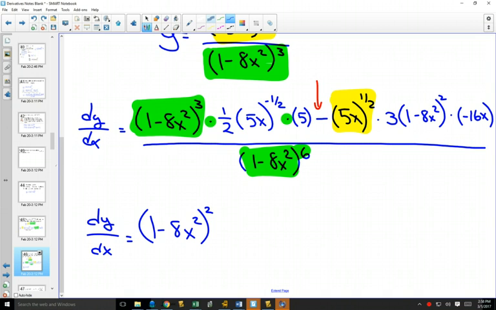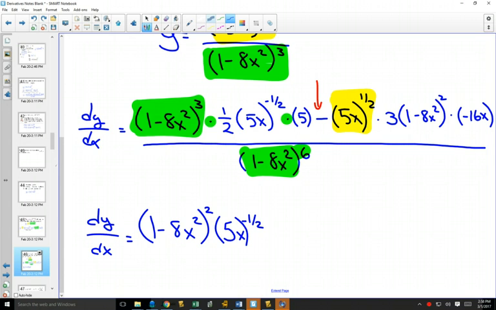Do you want to see what that does? It actually works out quite nicely. What would happen if I took a 5x to the negative a half out? We'll look at what that looks like. Okay? Numbers-wise, this has a half, this has a 5, this has a 3, that has a 16. There's no other things left.